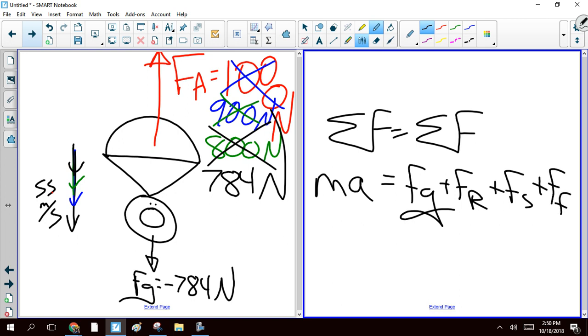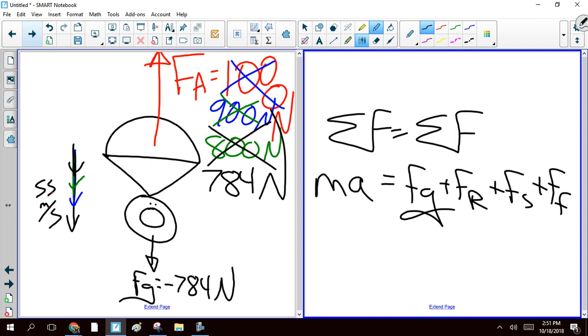If there are both horizontal and vertical forces, because this is a first-year course, either all of your horizontal forces or all of your vertical forces will cancel. Does that make sense? So either your net force will be horizontal or your net force will be vertical. When you're looking at your vertical forces, deal with your normal force last.